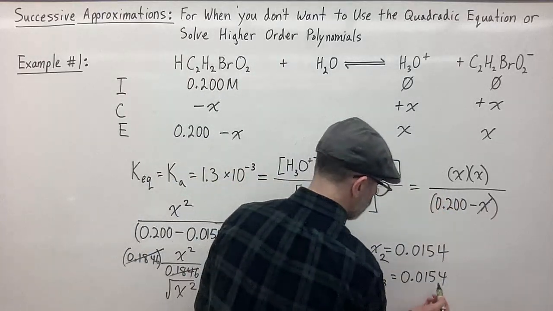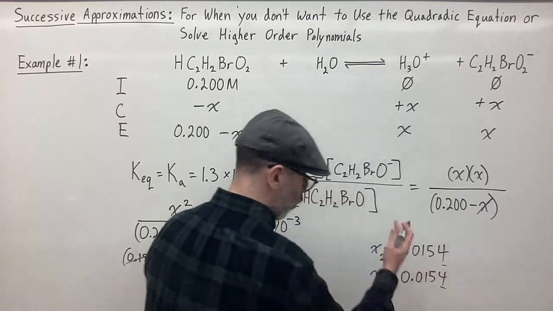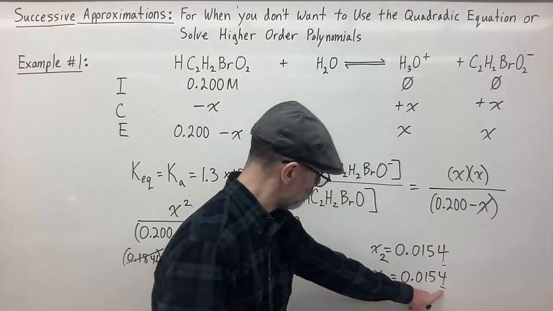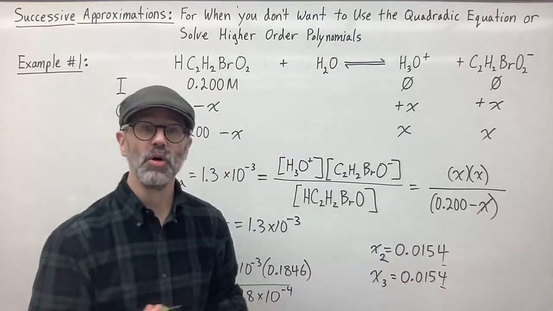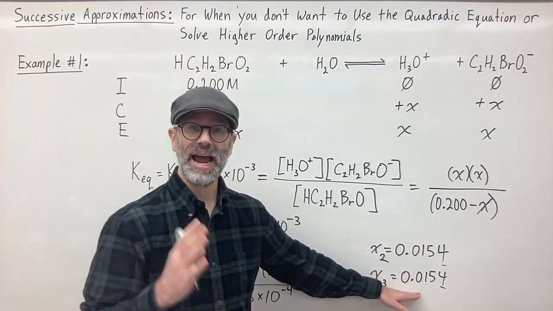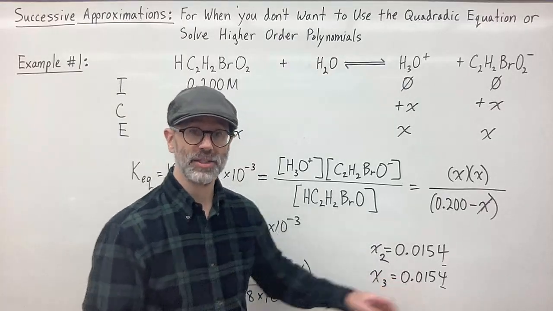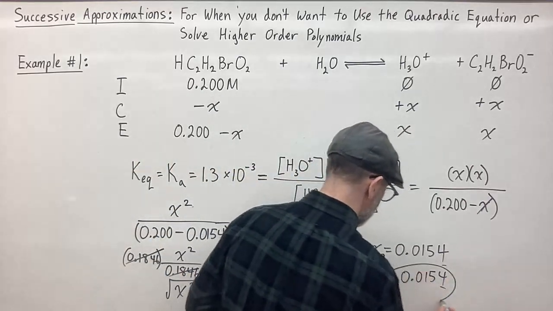Again, the third digit is just an extra digit to avoid rounding, but notice that I now have the same answer twice in a row, which means that I have gotten to the actual answer for x. So now I know what the change is.